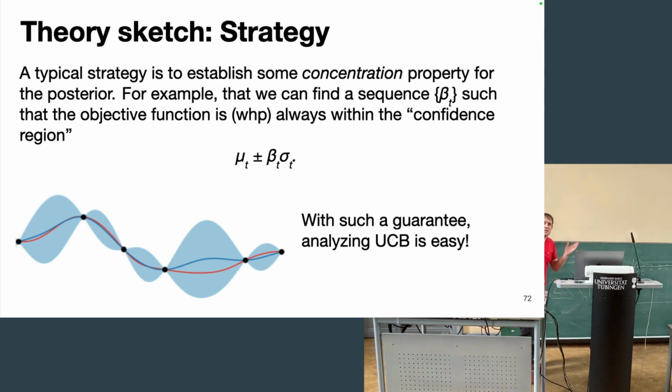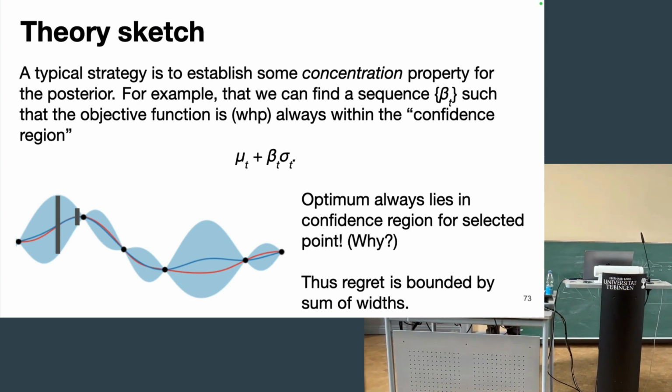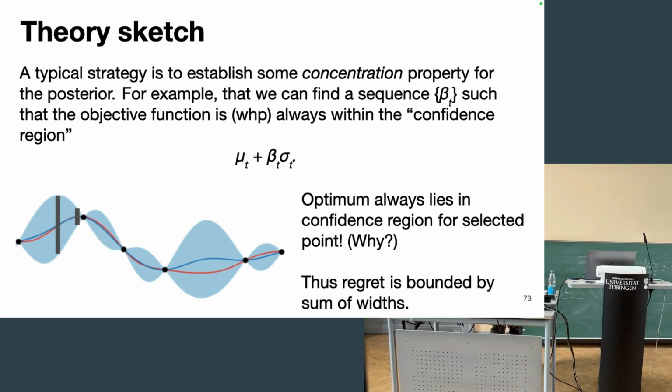And if you can somehow find such a sequence beta_t, then analyzing the upper confidence bound algorithm is really straightforward. The key observation is that if you can construct this sequence, and if you know that the function is always inside of these confidence regions, then we can conclude that the optimum of the function is always inside of the confidence region for every selected point.